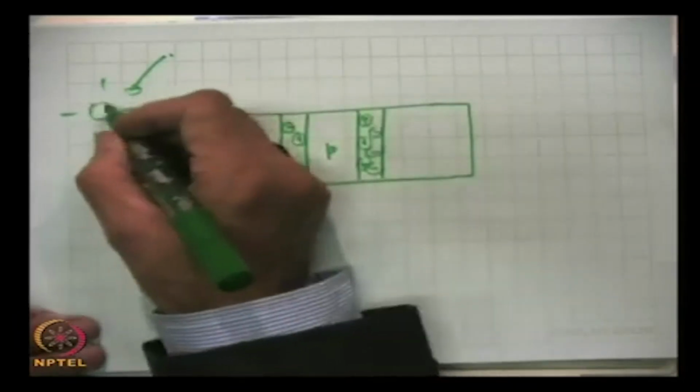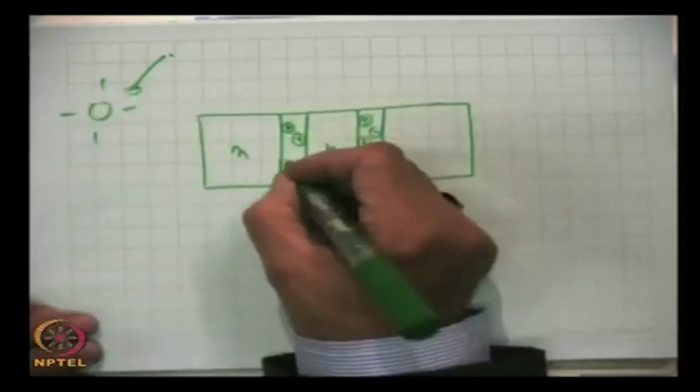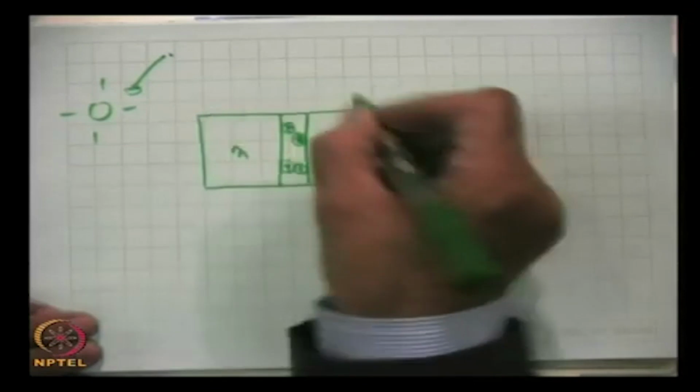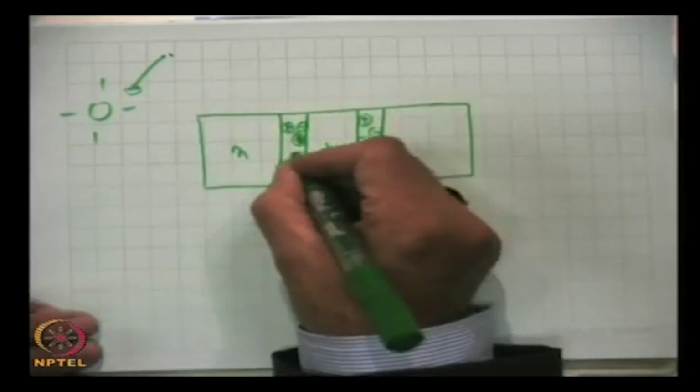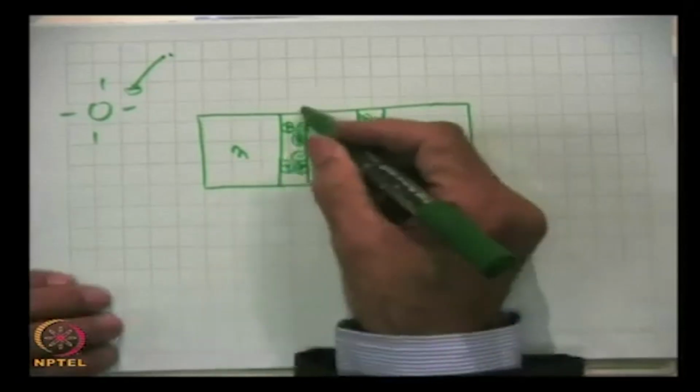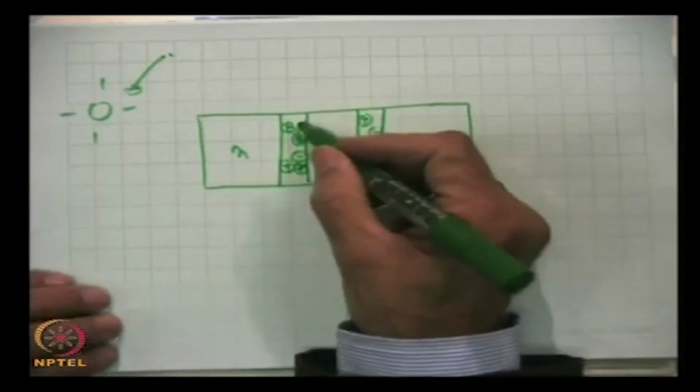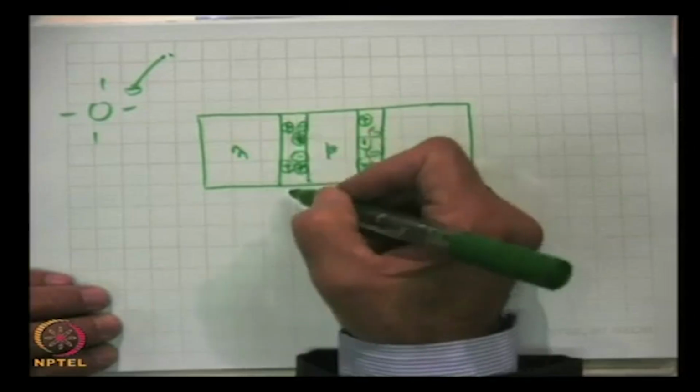So, on this side it will be a positive ion, and here on the p side there will be a negative bound charge. So, this is the space charge region and high resistivity region.